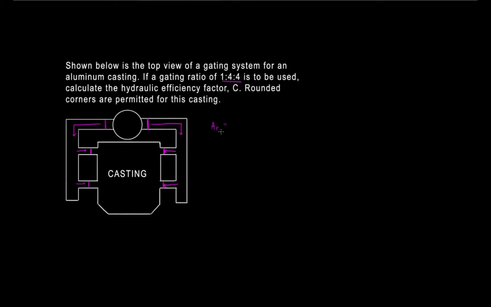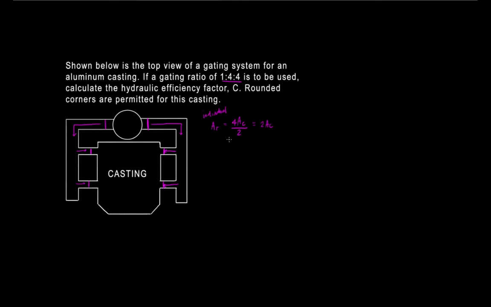So if the gating ratio is 1 is to 4 is to 4, then our total runner area is equal to 4 times the choke area. So that's 4 times the choke area AC. But since we have 2 runners, we divide it by 2, giving us 2 AC, meaning that each of the individual runner areas is equal to twice the choke area. Okay, so again, I'll just note that this is the individual runner area.